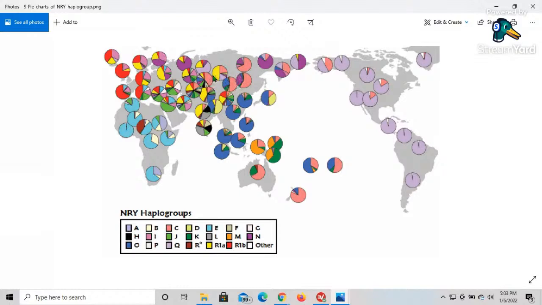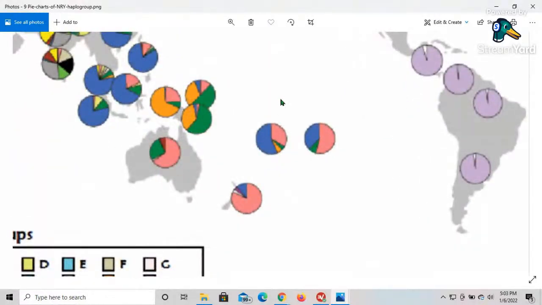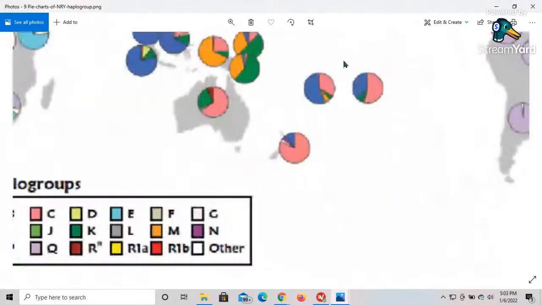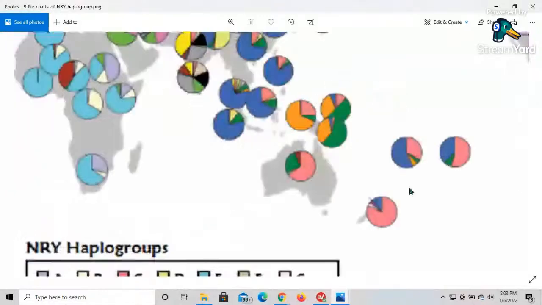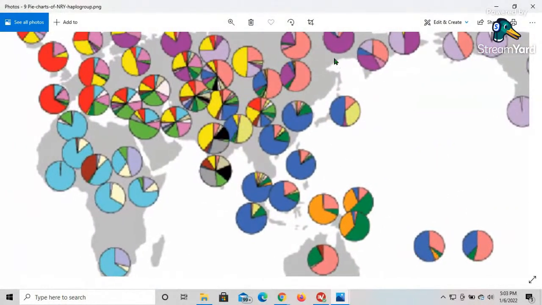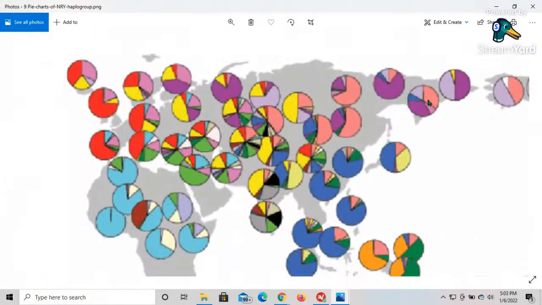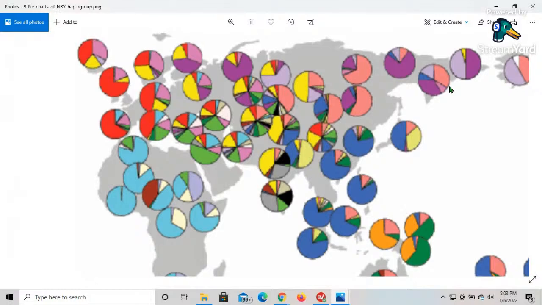The C, of course, is Nimrod descendants, Hamitic Nimrod descendants through Mongolia all the way to America, all the way to South America here. Okay, and the C in Australia, C in Polynesia as well. But not in Africa.